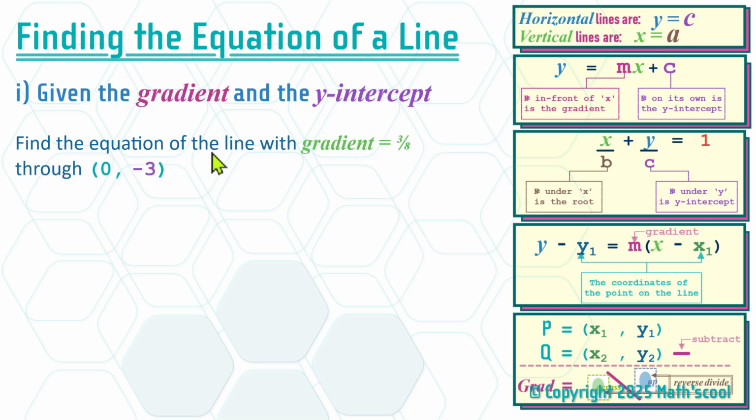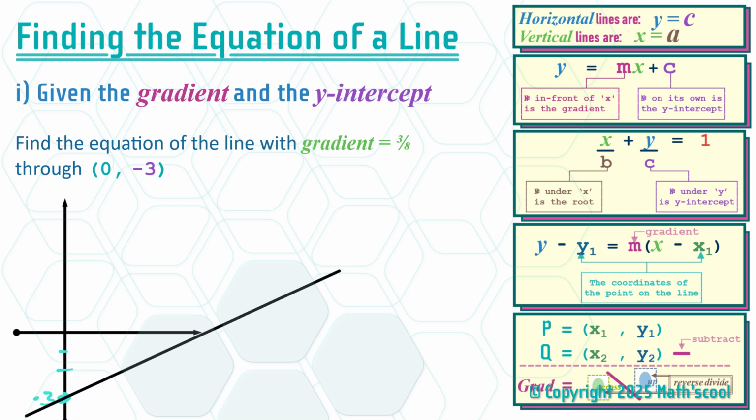Find the equation of the line with gradient 3/8 through 0, minus 3. Now I've put here given the gradient and the y-intercept. It doesn't say that this is the y-intercept, but if you think about it, if this is your grid, and it goes through the point 0, minus 3, then that would be the y-intercept.